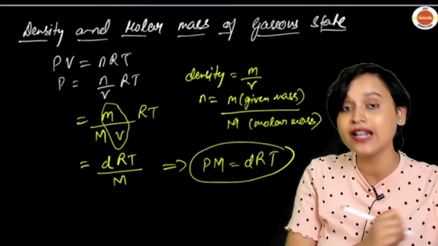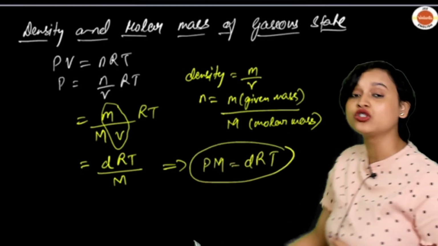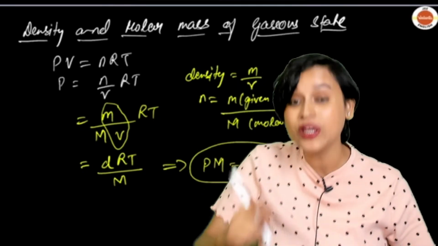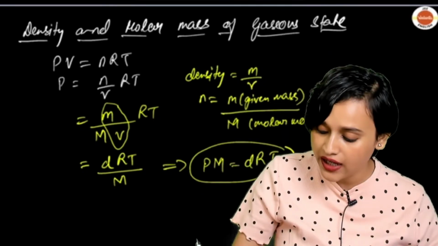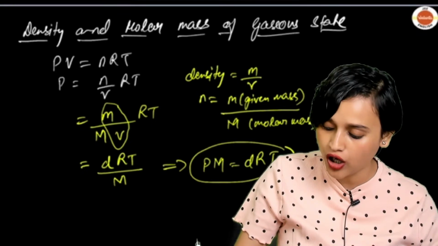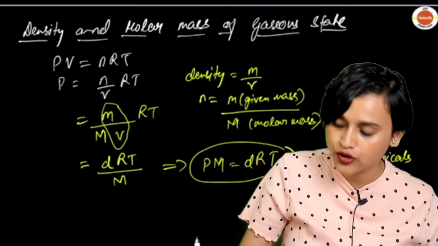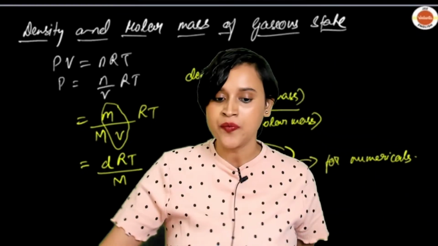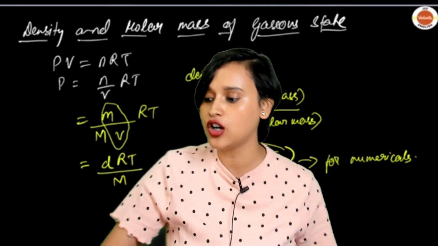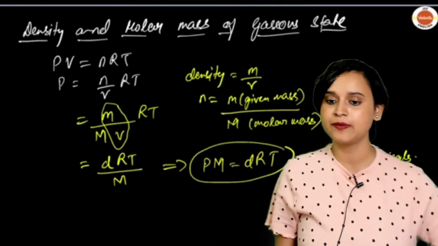So now do you get how we have reached this position? And this, like we have just seen, is very, very important for your numericals. It's just good to know, everybody. Are we all clear with this? Great.